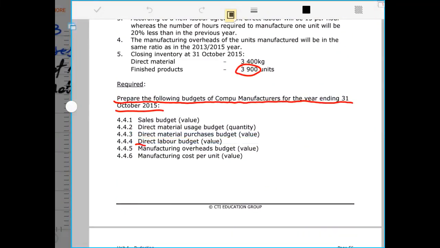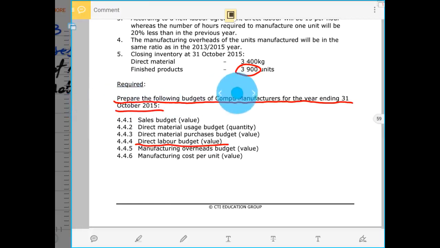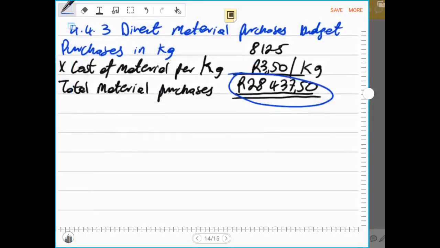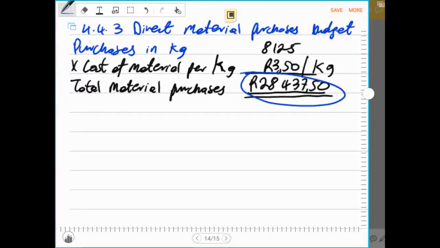So now we need to know how much will be the budgeted direct labor cost for this year 2015. So now we go to the direct labor budget, which is also linked with another budget, 4.4.4 direct labor budget.